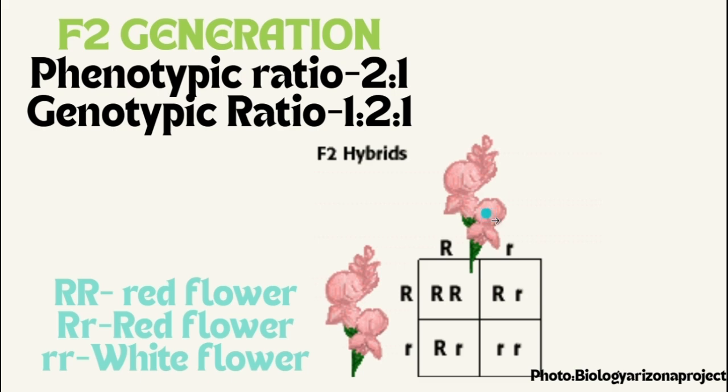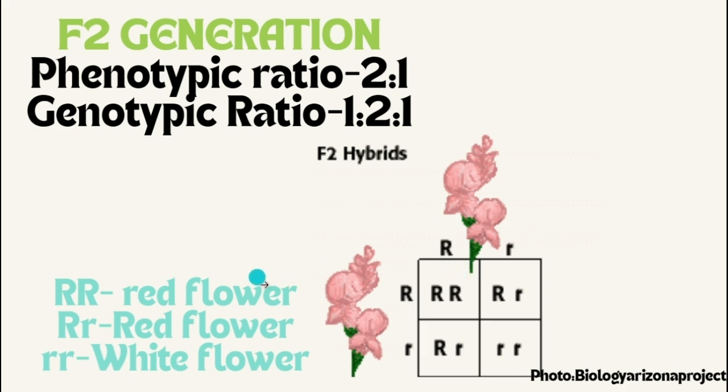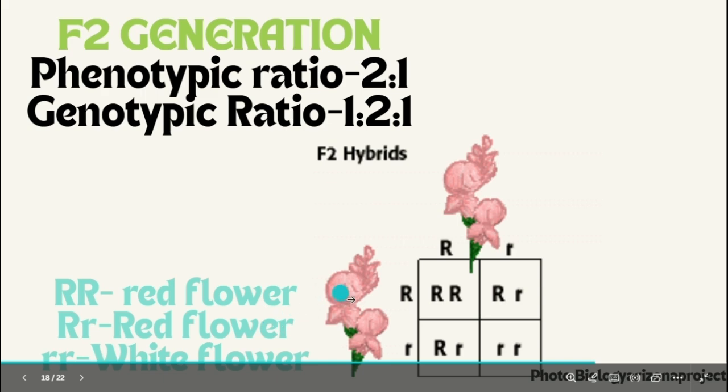Now when we go to the second generation, a heterozygous crosses with another heterozygous. In this case we're using big R for red flowers, big R little r also for red flowers, and little r for white flowers.